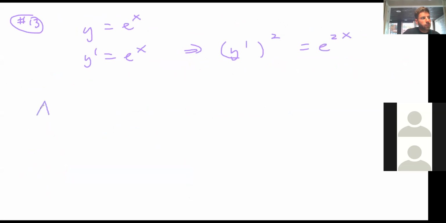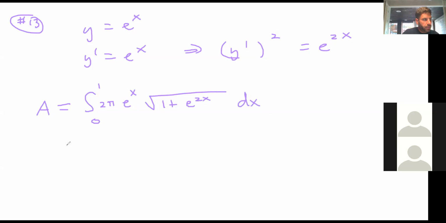And so we want the surface area, which for this problem will be the integral from 0 to 1. And then for this, it's 2 pi times the function, which in this case is e to the x, times the square root of 1 plus the derivative squared. So you get this inside.